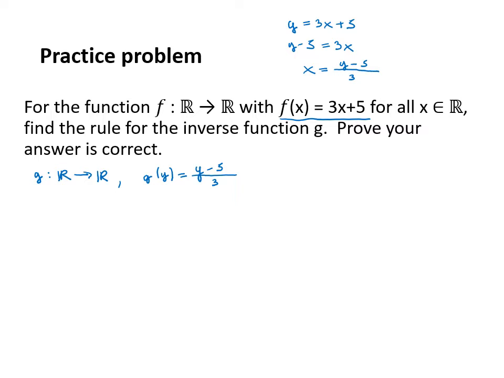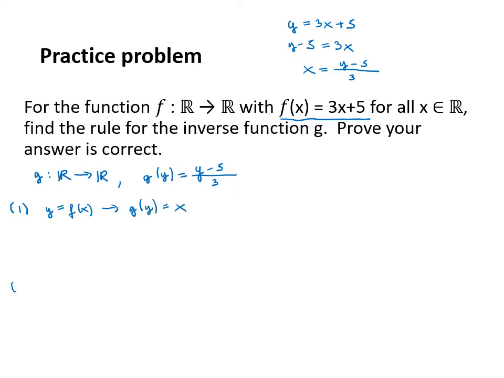Now, to prove that these functions are indeed inverses of each other, we have to prove both directions, as in the previous slide. So direction 1 is that if y is equal to f of x, then g of y is equal to x.